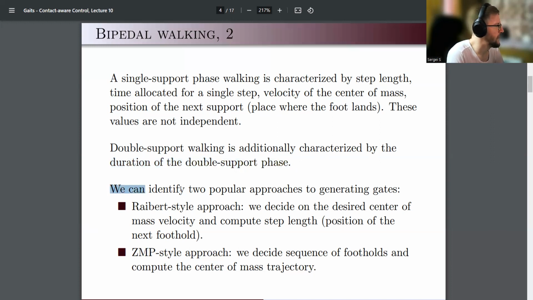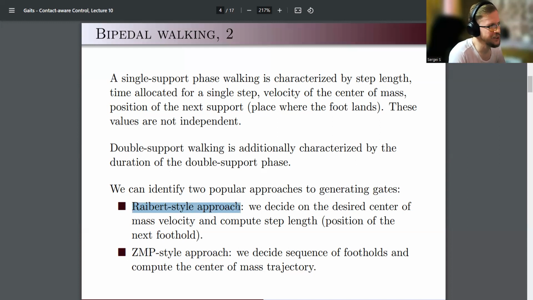Now, we can identify two popular approaches to generating gaits. There are many. I'm only mentioning two popular ones. One is the Raibert style approach.